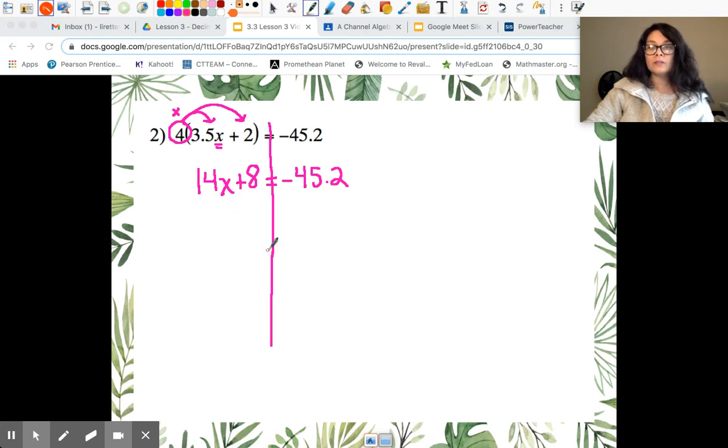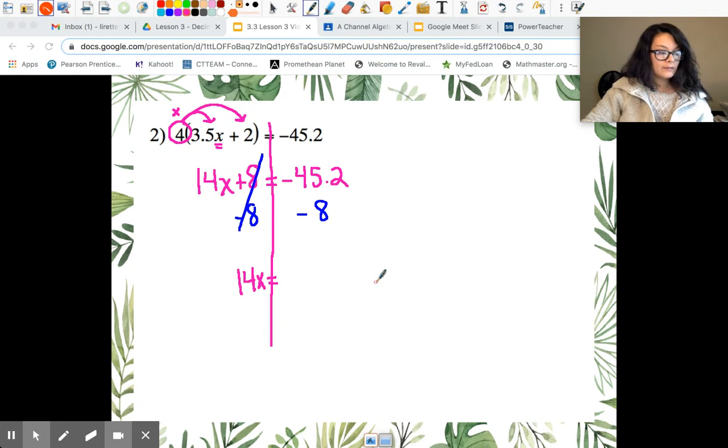To solve, I look for a constant first if I need to undo it. My 8 is my constant. I know it's the constant because it's not attached to a variable. So to undo a constant, we either add or subtract. Since the 8 was positive, I do the opposite and I subtract. On the left, I still have a 14x.